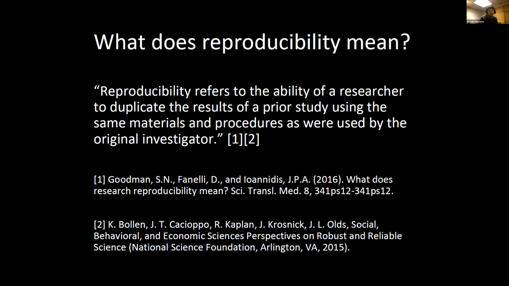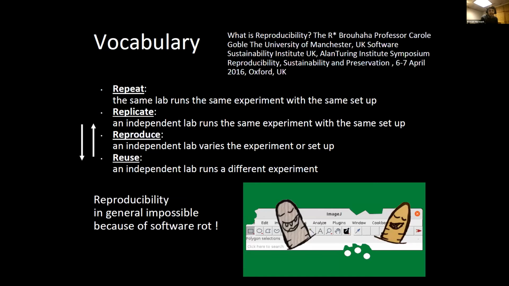So when we talk about reproducibility, we refer to the ability of a researcher to duplicate the results of a study with the same materials and procedures. This term can sometimes be confused with other terms that touch the same subject but are quite different.